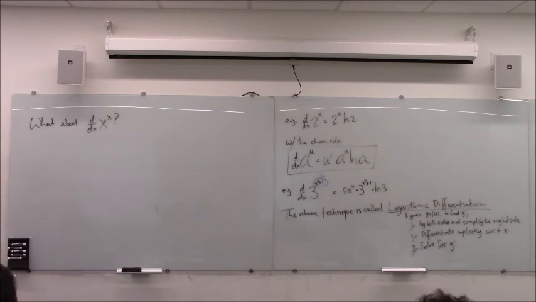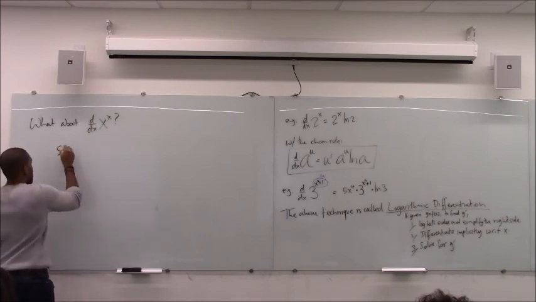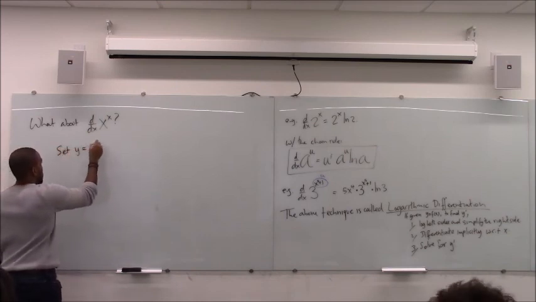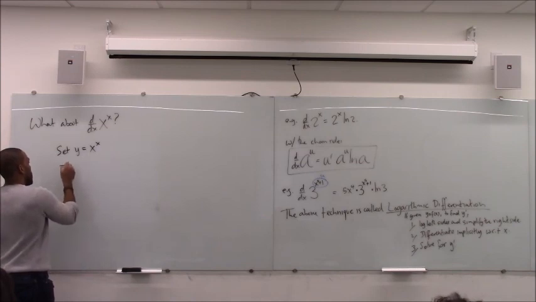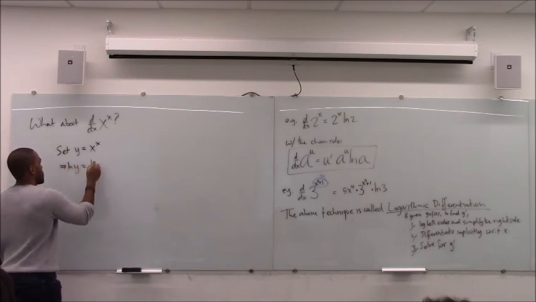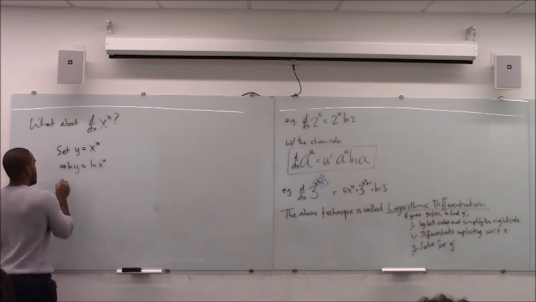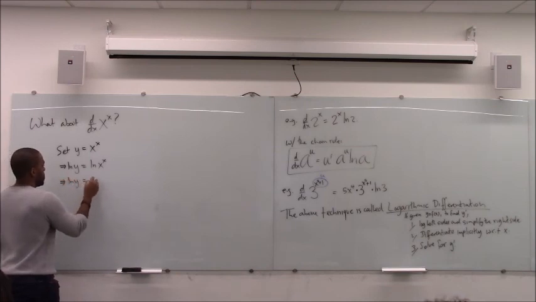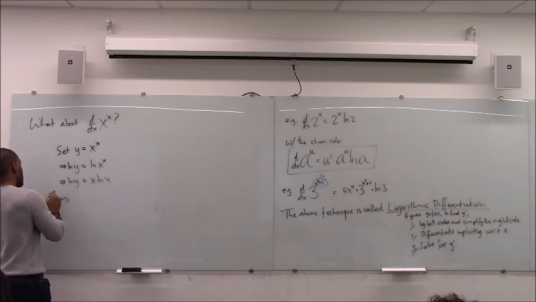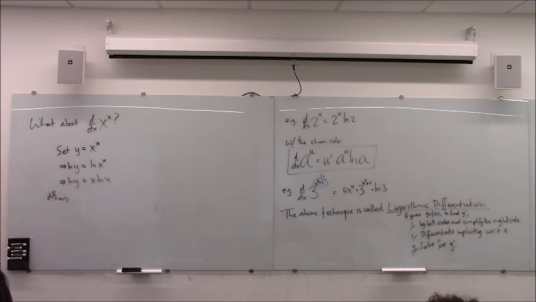So if you have something that's really weird, but it's like a power and a product, and it's really complicated in terms of calculations, you can apply log differentiation. So I would just set y equals x to the x. I would log both sides. This will allow me to bring the power down. And now I differentiate, once I simplify the right side.